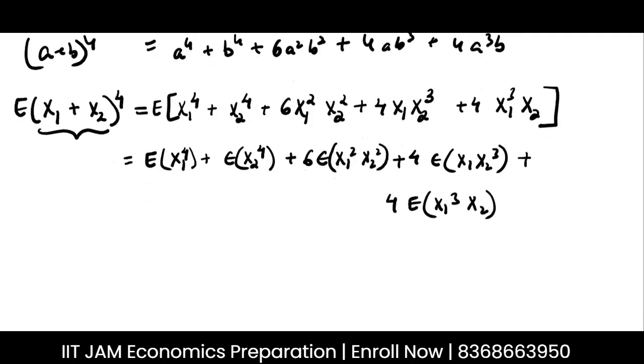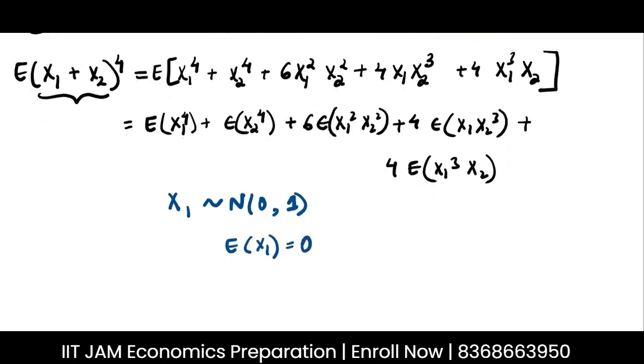Now please understand that x1 is normally distributed with mean 0 and variance 1, isn't it? So if x1 is normally distributed with mean 0 and variance 1, E of x1 will be 0. What is variance of x1? Variance of x1 will be E of x1 square minus (E of x1) whole square.